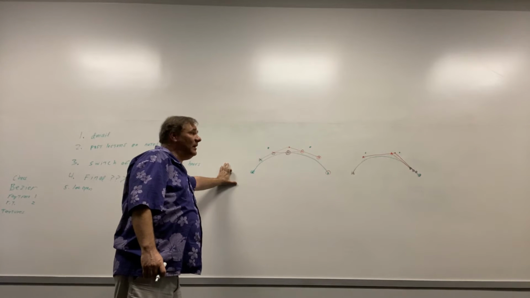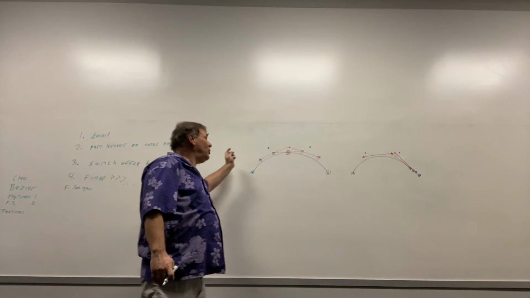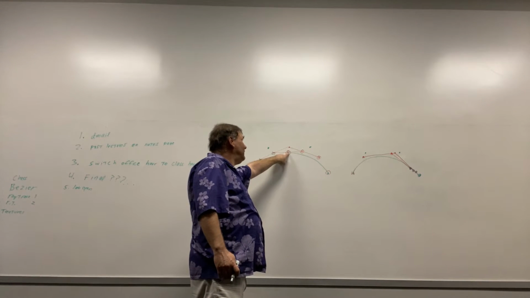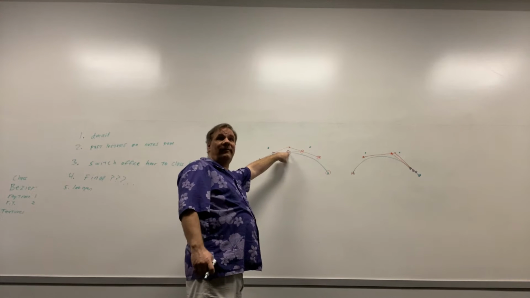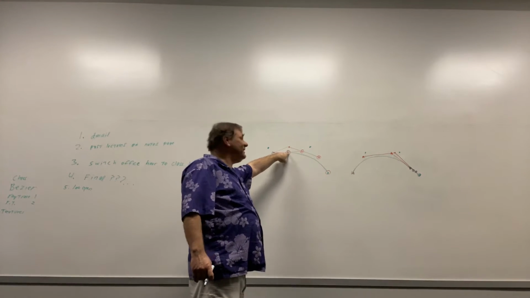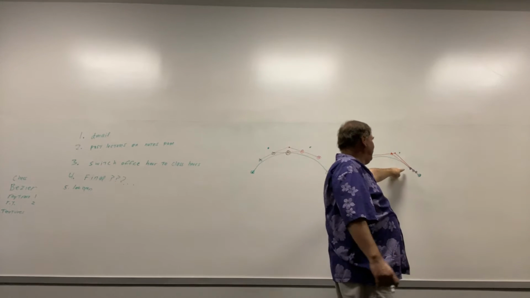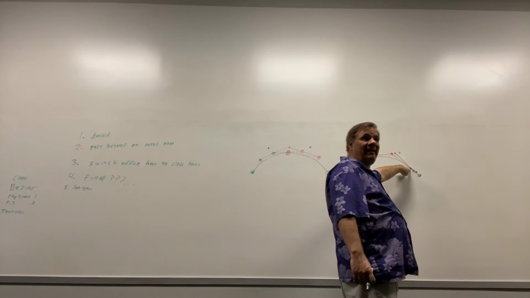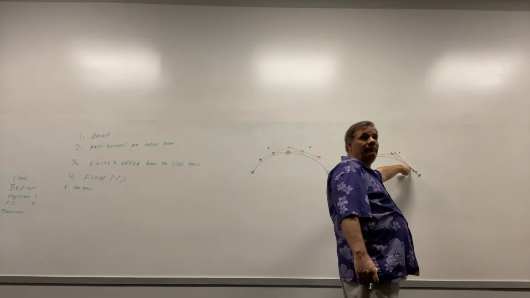Now here's another observation. By subdividing it at 0.5, I basically evaluated it at 0.5. By subdividing it at 0.9, that point is the same as if I evaluated it at 0.9.